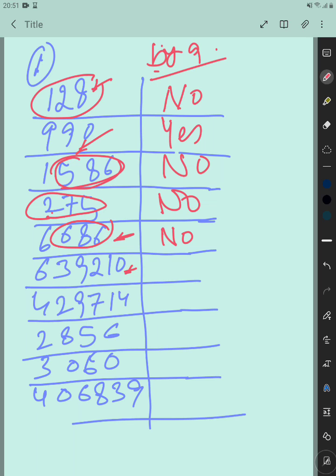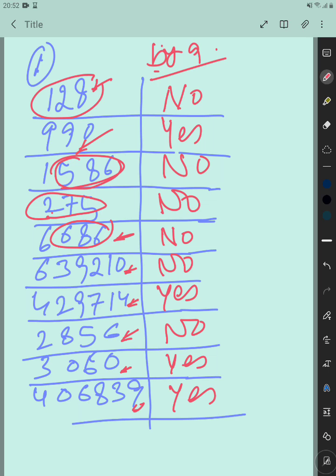Here, coming to this number, 6 plus 3 is 9, 9 plus 9 is 18, and 18 plus the rest is 21. 21 is not divisible by 9, so no. Come here, 4 plus 2 is 6, 6 plus 9 is 15, 15 plus 7 is 22, 22 plus 5 is 27, it is divisible by 9, so yes. Here, 2 plus 8 is 10, 10 plus 5 is 15, 15 plus 6 is 21, 21 is not divisible by 9, so no. Then 3 plus 0 plus 6 is 9, 9 is divisible by 9, so yes. Now this place: 4 plus 6 is 10, 10 plus 8 is 18, 18 plus 9 is 27, so yes.